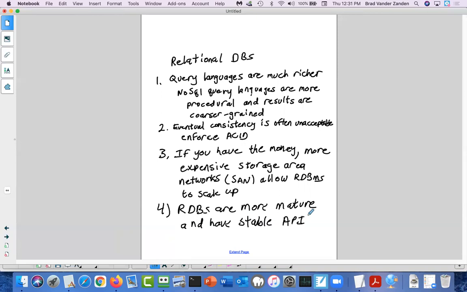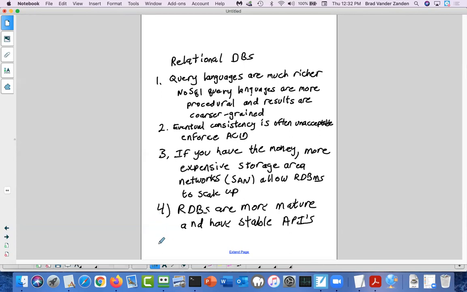Whereas NoSQL databases are constantly evolving and they keep changing, so your software can easily break with new releases or if you go to a different type of database. Because things are so standardized in the relational database world, you could probably go from an Oracle database to a MySQL database or a Microsoft database and not have to do a lot of adjustment because they're so similar to one another, at least through the standards.